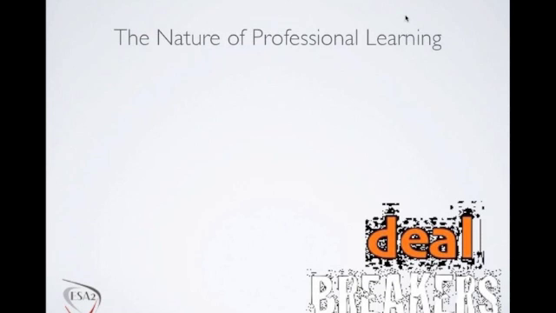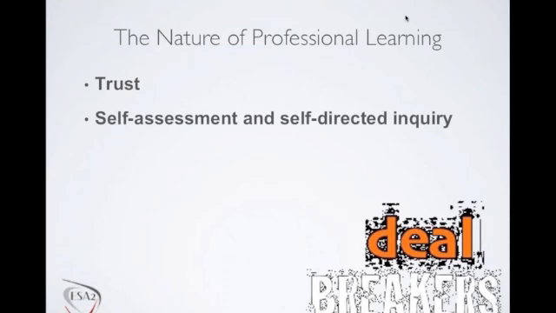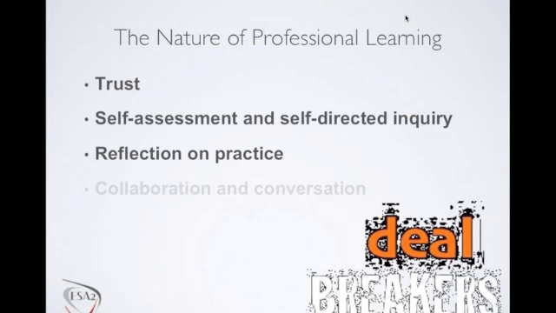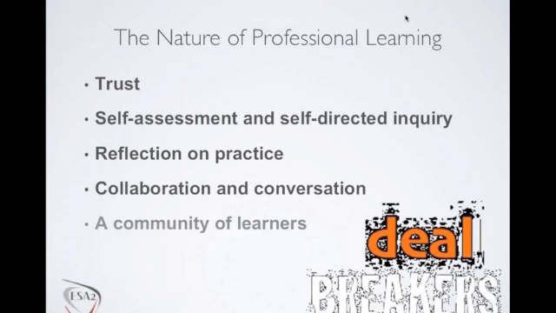Now, in terms of the Danielson framework, there are some deal breakers, and I like to talk about these right up front, because if these deal breakers really aren't in place, then this is the place to start. And that is the nature of professional learning. Things like trust, self-assessment and self-directed inquiry, reflection on practice, collaboration and conversation, and a community of learners.